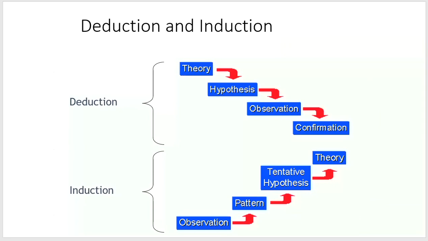So this is the schematic representation of the two methods, and I am giving more time because this method of knowing is used in the scientific method to some extent.